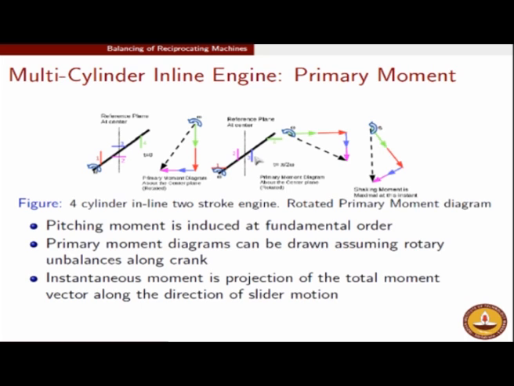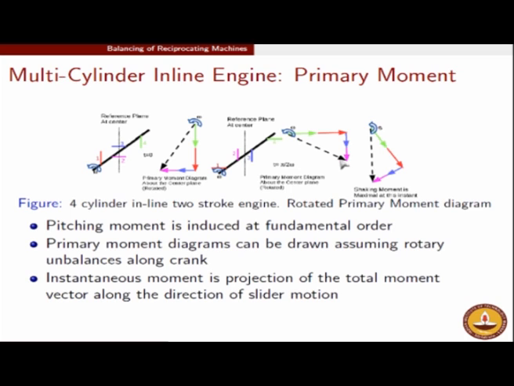At a later instant, the system has rotated by pi by 2, and the moment diagram has rotated in this fashion. Again the dotted arrow represents the total rotating moment, but we must take the x component of it, which means the total moment hitting our frame is this much.